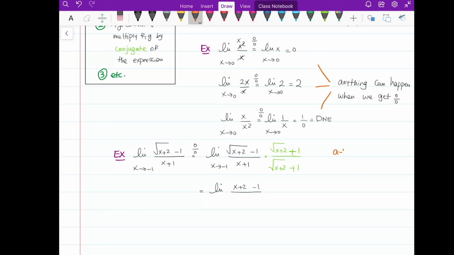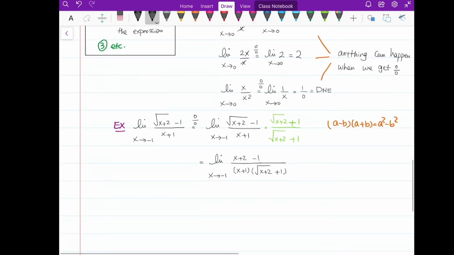That's the idea. A minus b times a plus b would be a squared minus b squared. That's how I get this, over x plus 1 and then square root of x plus 2 plus 1. Okay, and then x goes to negative 1.